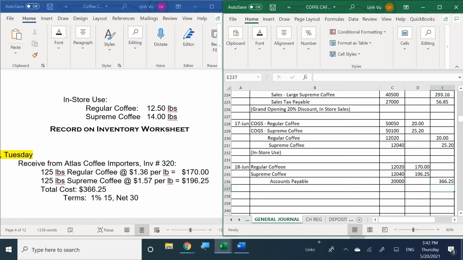Since we didn't pay with a check or anything, we could go ahead and put a note here, I would say, Atlas Coffee Importers with the invoice number and the terms.